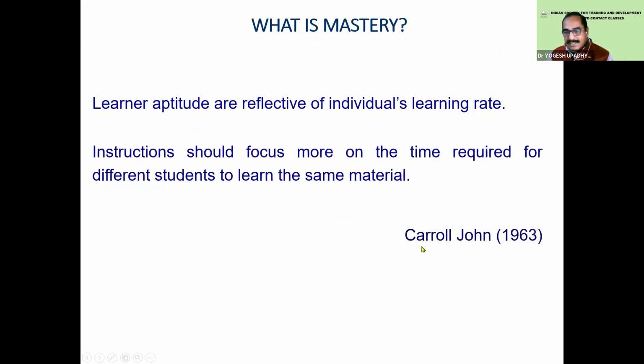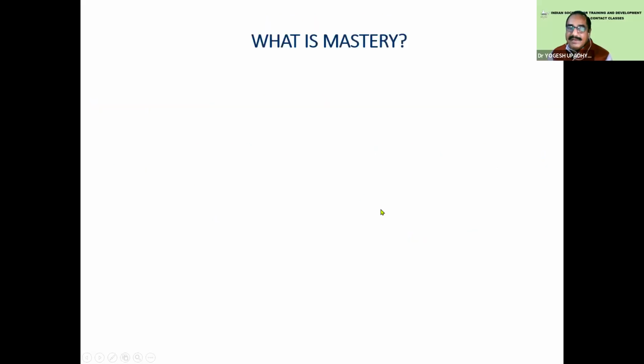This is Carroll, John, 1960. Learner aptitudes are reflective of the individual's learning rate. Instruction should focus more on the time required for different students to learn the same material. What does he say? We focus on different time, and he doesn't say somebody will not learn.